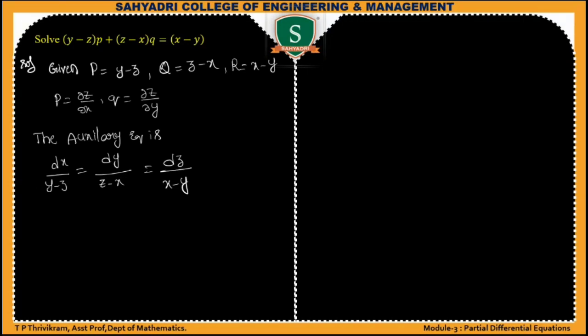To find them, we take all the denominators: y minus z, z minus x, and next x minus y, with plus signs in between.